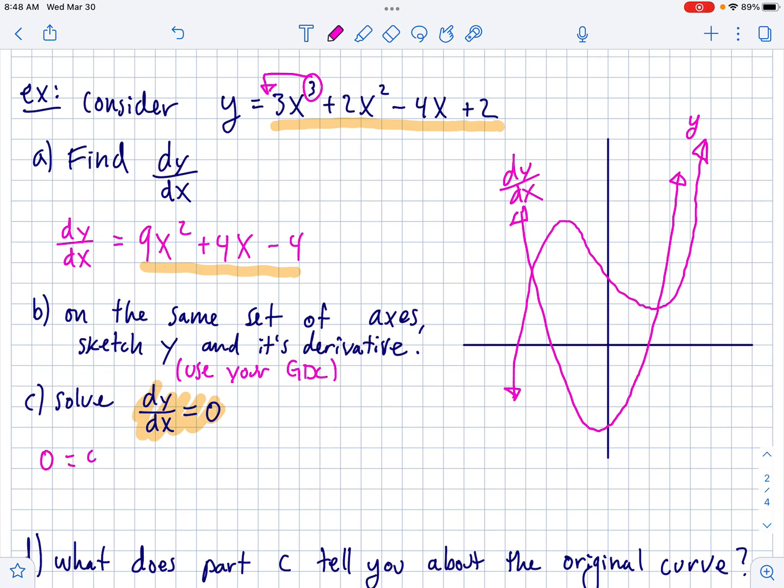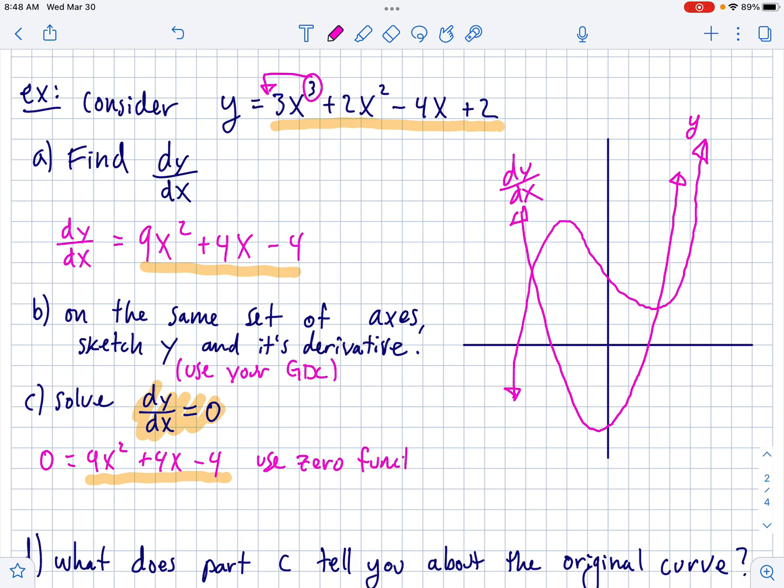Now, it says solve dy/dx equal to 0. If I set the derivative equal to 0, there are certain quadratics that I will expect you guys to solve, but I don't think this is a nice one. I think when you try to do the quadratic formula or factor or any of those tricks, it doesn't work out nicely.